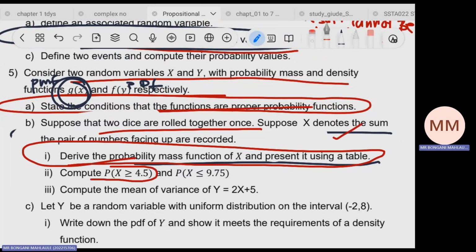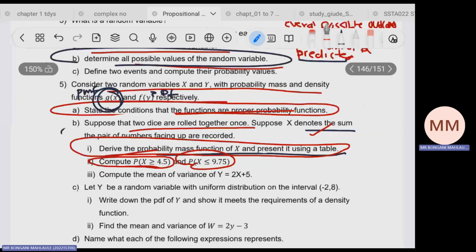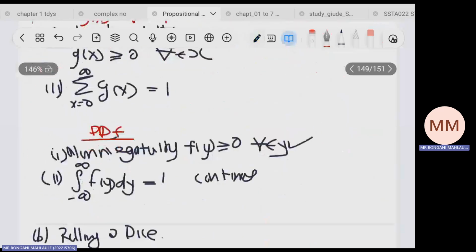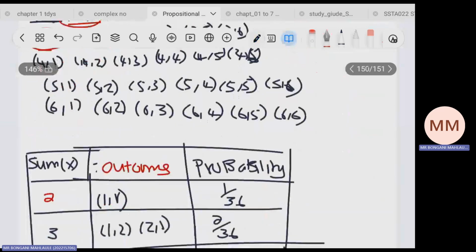That's what we did. Then compute the probability of X being greater than 4.5, and compute the probability of X less than 9.75. Obviously, you're going to use the table, and I didn't finish everything up.